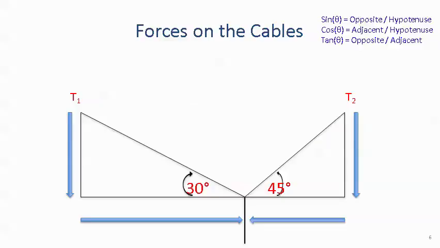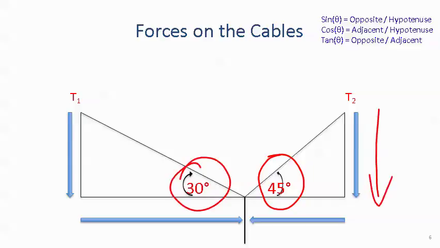Let's go back to the problem we've got. We have an angle that's defined for us, either 45 degrees or 30 degrees. The weight is pulling straight down, which is opposite to the angle.